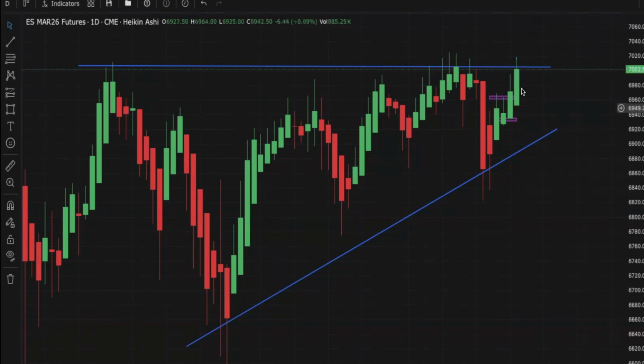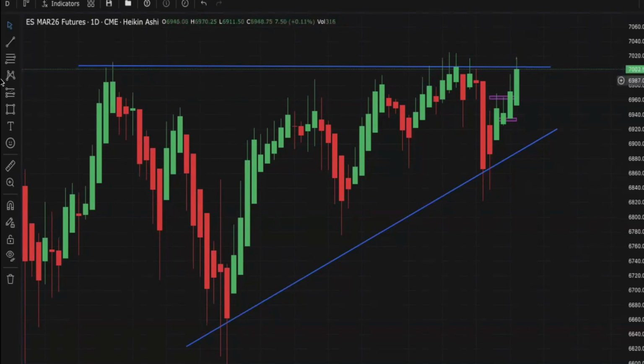But in cases like this, if you're a trader, you have to be patient. You cannot really go right in and take any trade right now because it's not really defined what the next step will be.